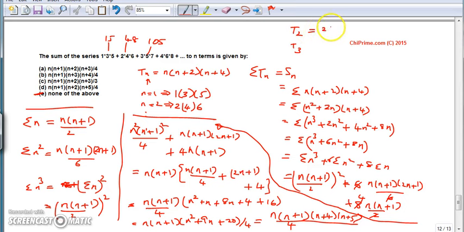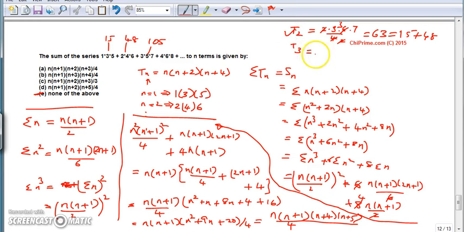So that would be 2 times 3, times 2 plus 4 is 6, times 2 plus 5 is 7, divided by 4. So that's 9 times 7 is 63, which is equal to 15 plus 48, which are the first two terms, right? So we know that this works out correctly.